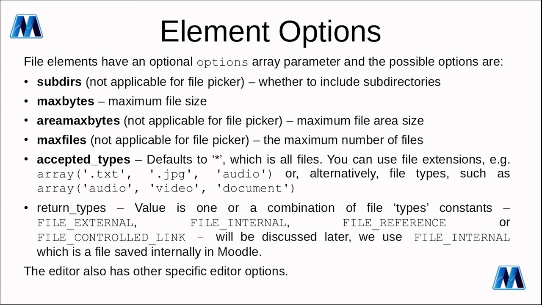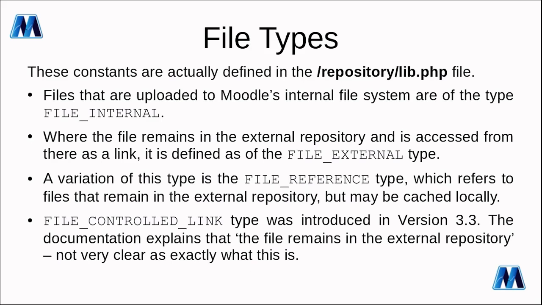The editor has other specific editor options, as you can expect. The file types, the ones we just spoke about, are actually defined in the repository lib.php file, which seems to be a weird place to put it, but repository and the file API, there's no real repository API as such.